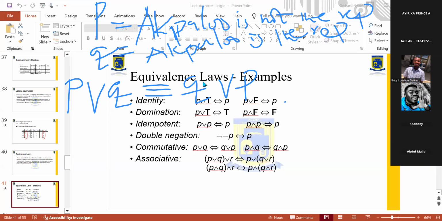What this tells us is that when you have P or Q, and you combine P or Q, all of that or R is logically equivalent to taking Q or R, all or P.